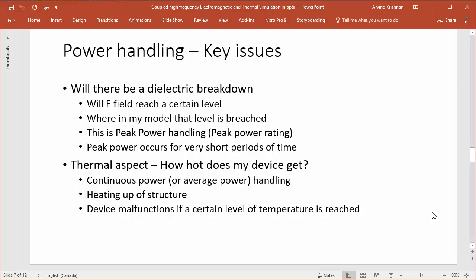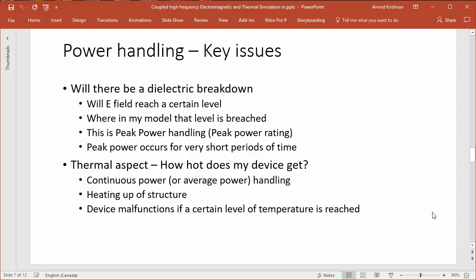There are 2 key issues that designers of passive microwave components deal with, especially with regards to power handling. First is, will there be a dielectric breakdown? What it means is, will my electric field reach a certain level that enables the breakdown of the dielectric? And where exactly inside my model is that particular condition being reached?